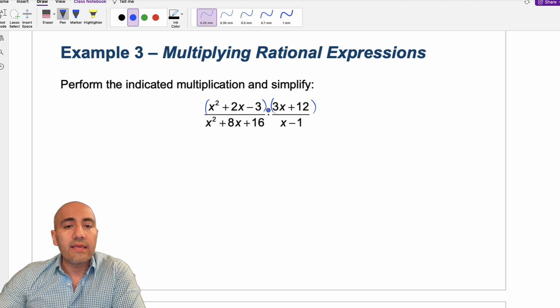I'm multiplying, and then I could do multiplication on these, multiply this times this, and this times this, and then this term, right?